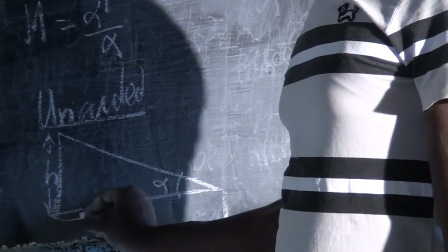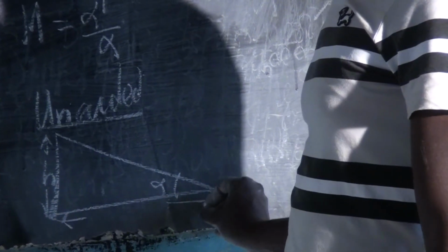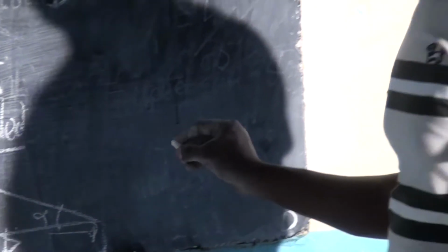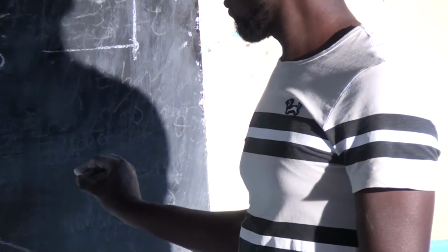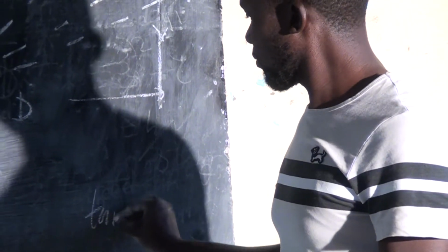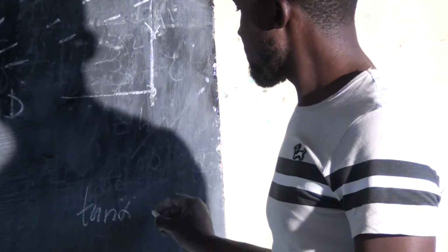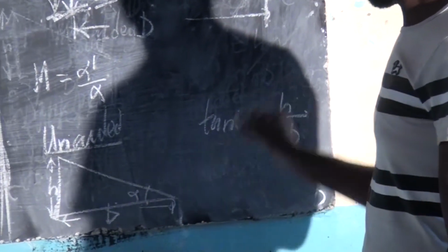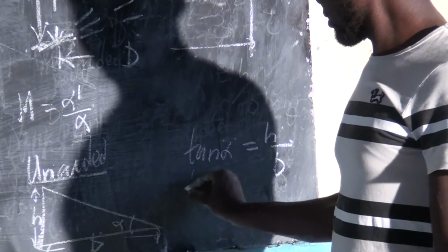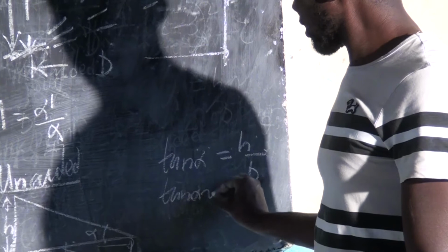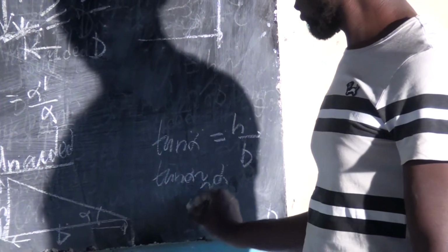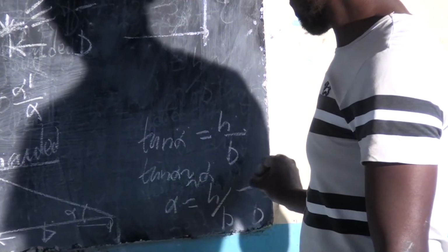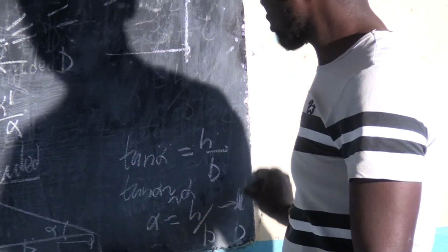And because you are viewing an object at a near point, still name that D, such that you simply have the tan of alpha equal to h over D. And for small angles, tan alpha approximates to alpha, such that alpha becomes h over D, and we keep that. That one does not even change.